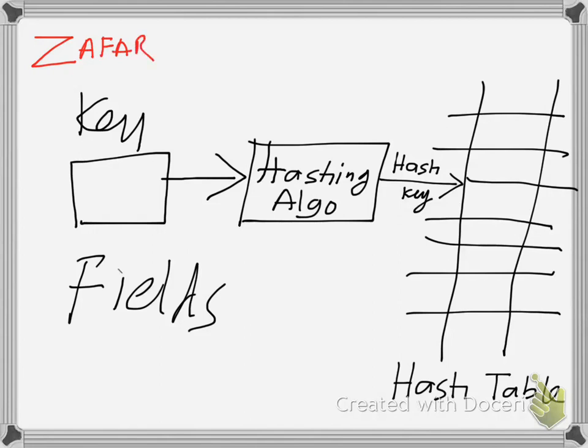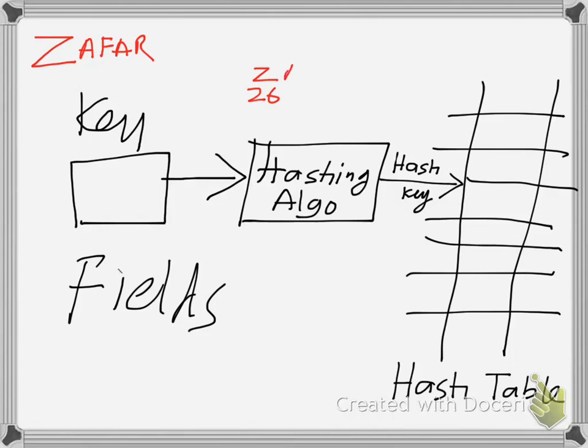The algorithm that I have: what is the sequence of Z in alphabetical order? 26. So the algorithm that I am going to use at the moment is to add up all the codes of the respective characters together, and whatever the sum is, that is the address of that particular record in the hash table.